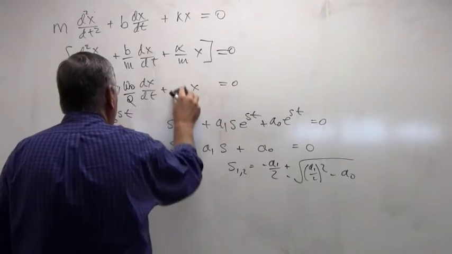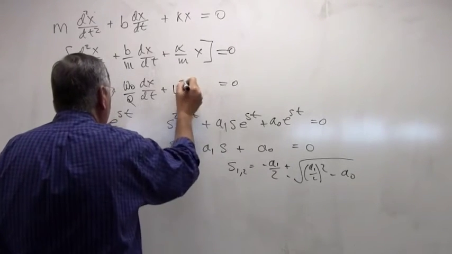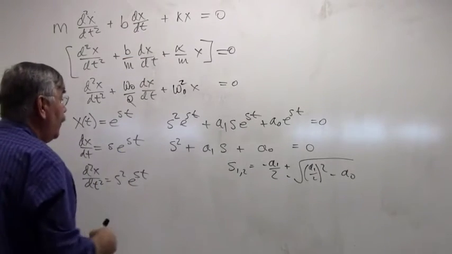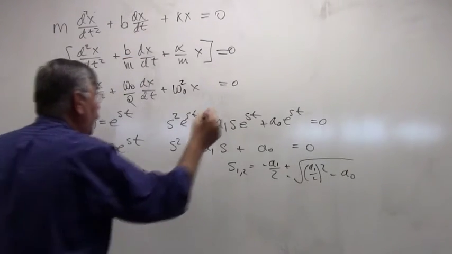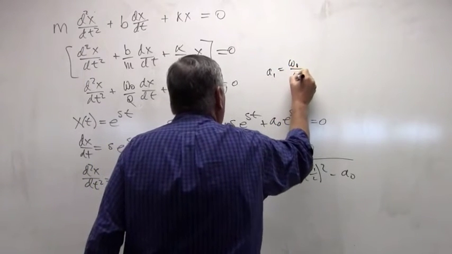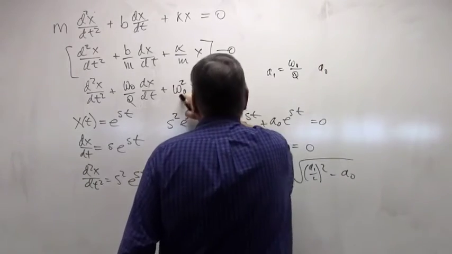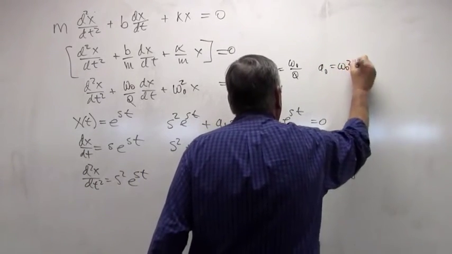And the thing that was a0, I'm going to call omega naught squared. So these are just different variables, and we can solve for these in all these cases and figure out what a1 is. So a1 was omega naught over Q, and a0 was omega naught squared.